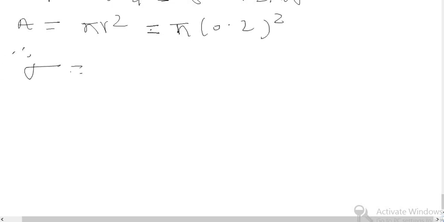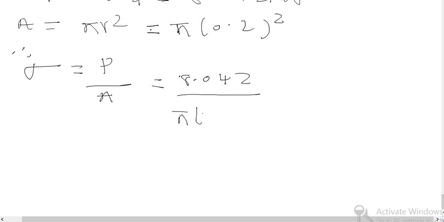Therefore, the stress is equal to the force over area, which is equal to 8.042 over the area, which is pi times 0.2 squared, and this is equal to 64.0, or we can just leave it like this, kilonewton per meter square. So this is the stress in this cylinder.